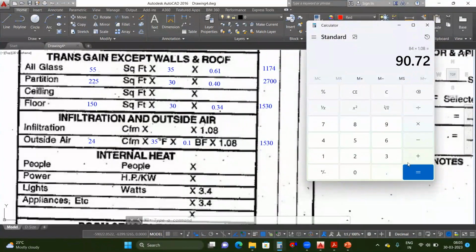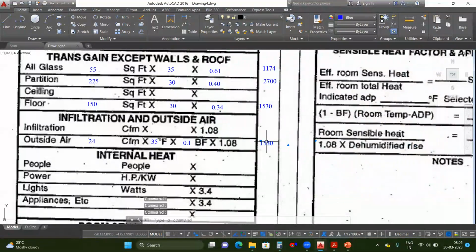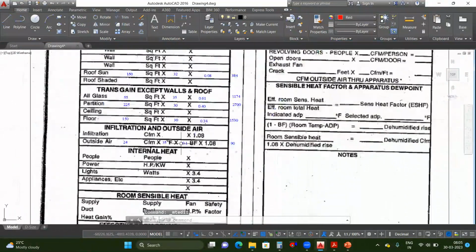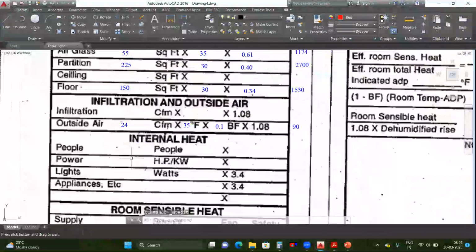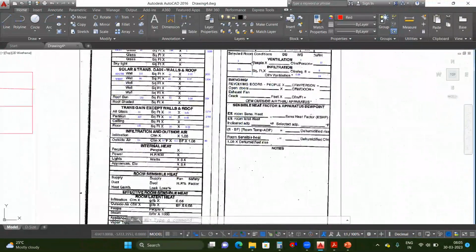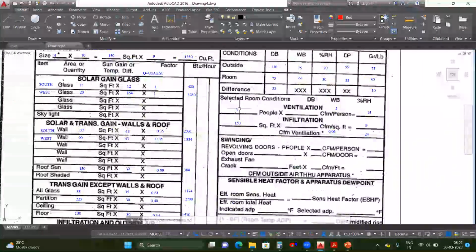We get 90.72. We'll take 90 CFM, 90 BTU. Okay, so next is the internal heat. How many people have we taken here? The people we have considered is 3 numbers. So we need to take the same here.